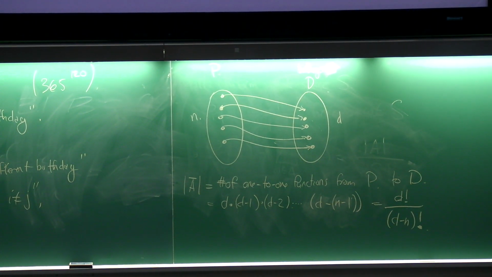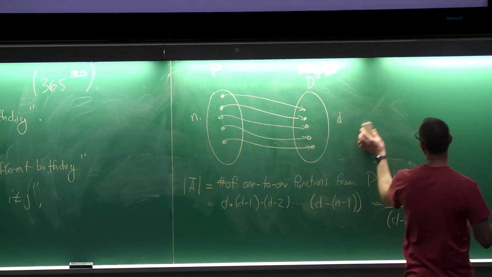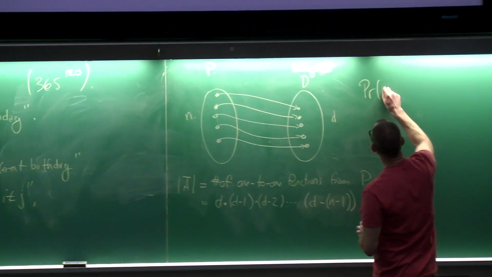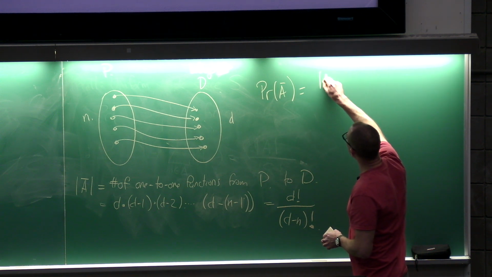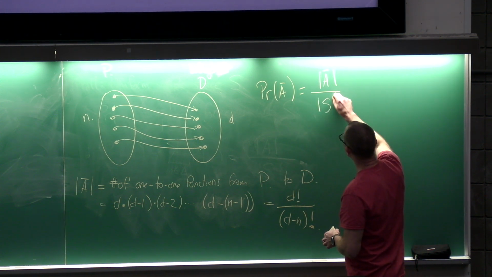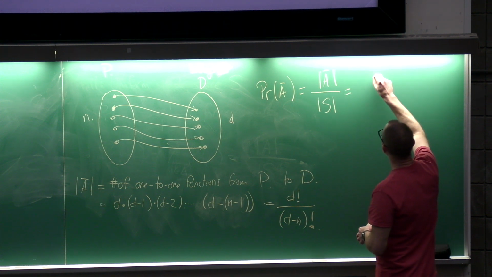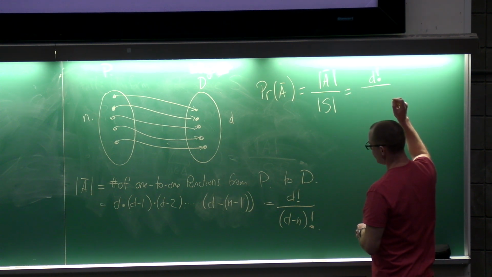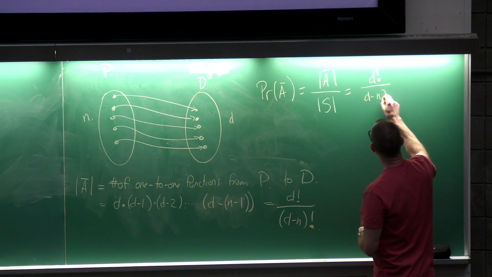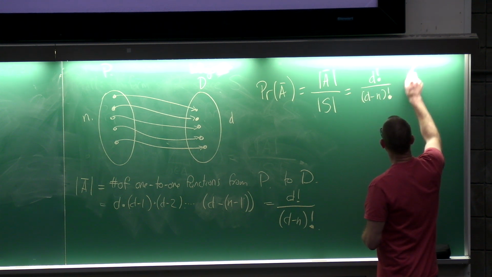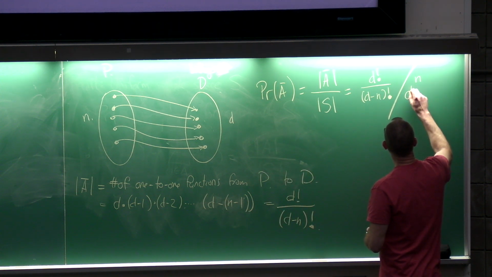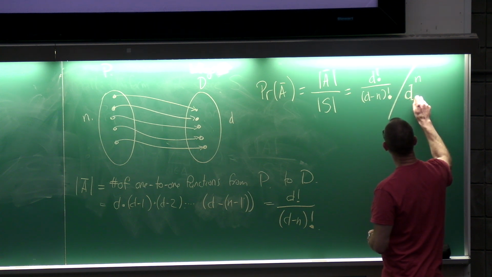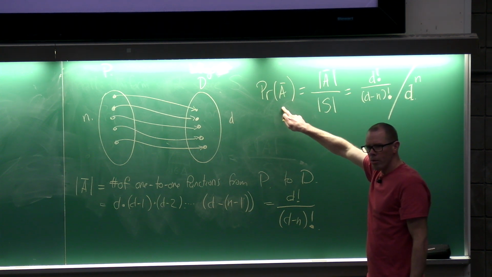So if we know the size of the complementary event, we know its probability, which is the size of that thing divided by the size of S, which is D factorial over D minus N factorial divided by the size of S, which is D to the N. But we didn't want to know the probability of this event.